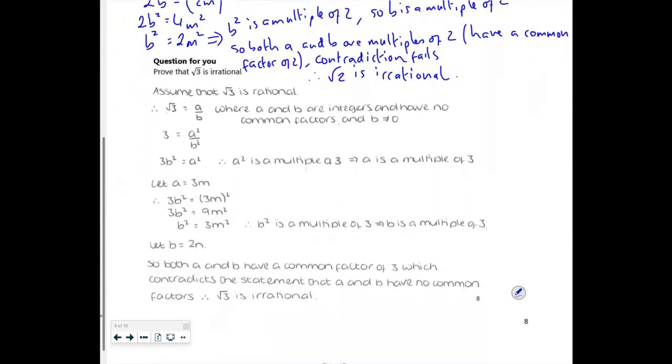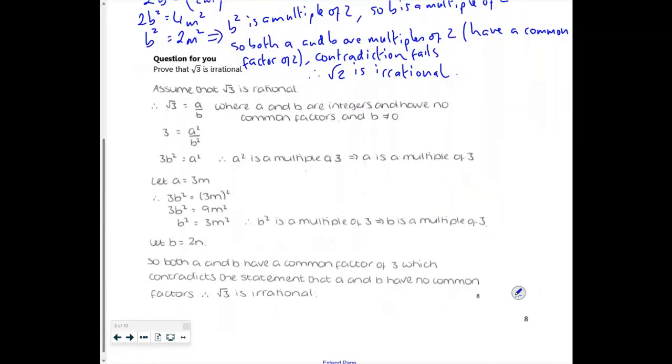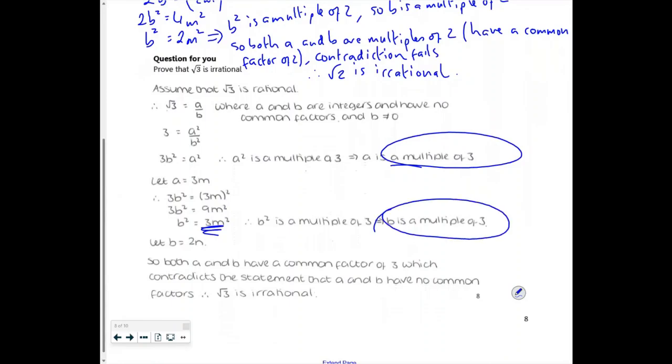So here's the exact same one with root 3, but see, multiple of 3 this time. So they both have a common factor, so it fails. There you go.